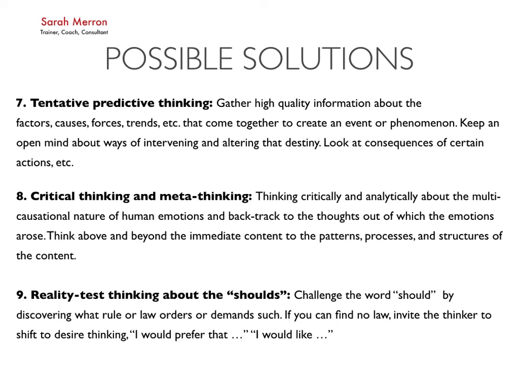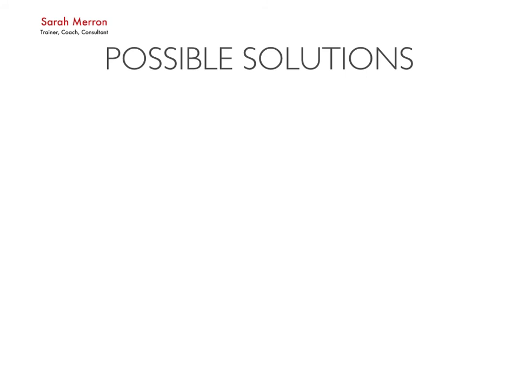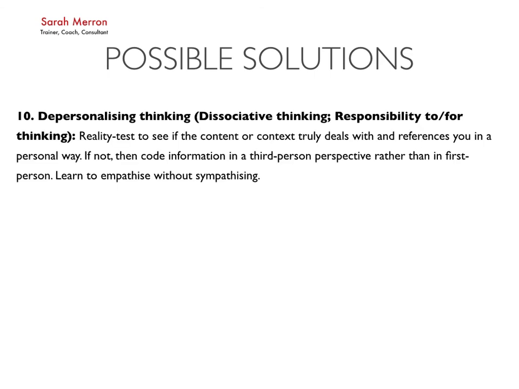Next one. Number 10. So when people personalize everything, obviously we want to help them to dissociate their thinking so that they can actually separate other people's behavior from their own.